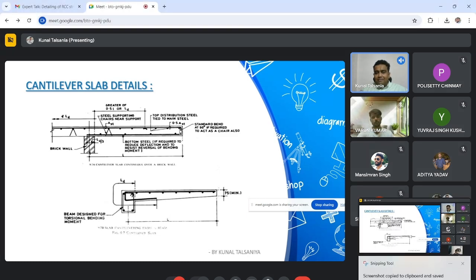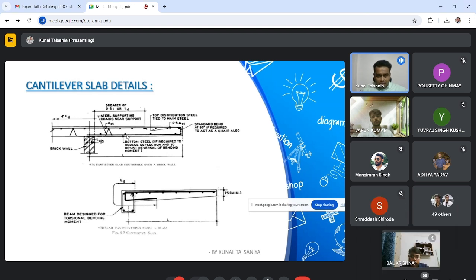The main requirement in a cantilever slab is in the top, so tension will be generated in the top only. In the bottom you have to provide just minimum reinforcement.